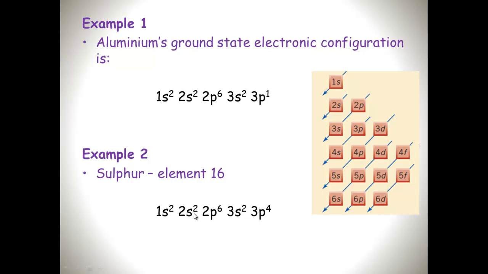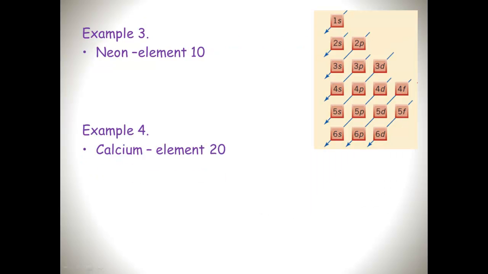We've got 2, 4, 10, 12, 16 electrons. Neon, 10 electrons we need. So again, just write them in order. 1s, 2s, 2p. Both s subshells can only hold a maximum of 2. And the p subshell can hold 6.